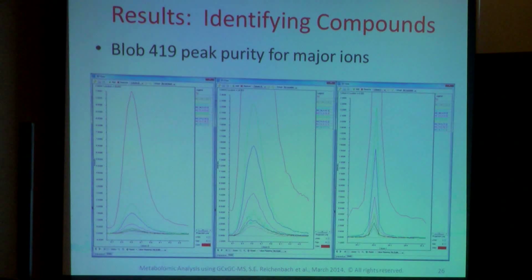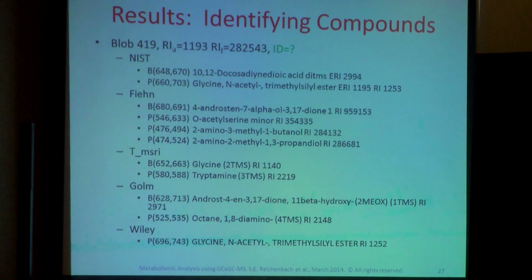Here are some one-dimensional chromatographic slices through the two-dimensional peak for various ions. You can see that it appears there's just one peak, and so this again is confirming that this is a pure peak.